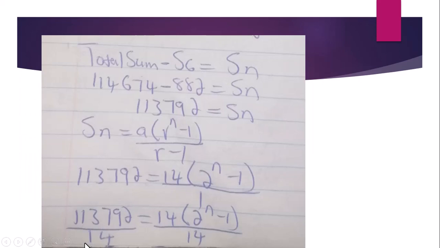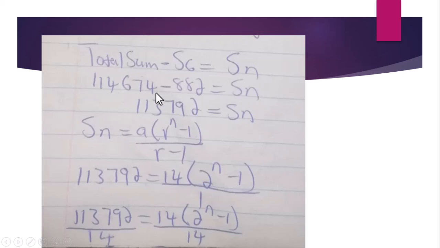And the question was saying, find the value of n, the number of terms that must be added to the first 6 terms in order to have that value. So I said to myself, okay, let me look at the second approach. Now that I have the sum of the first 6, I said the total sum that was provided minus S6 is equal to Sn.